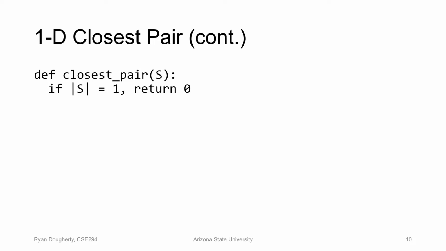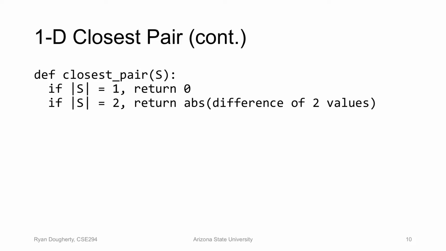It should say infinity or something like that, because there aren't any other points to choose from. If there's 2, return the absolute value of the difference between those 2 values, because that's the calculation of a distance in one dimension. It's just some real number minus a real number, and the absolute value of their difference is the actual distance between them.